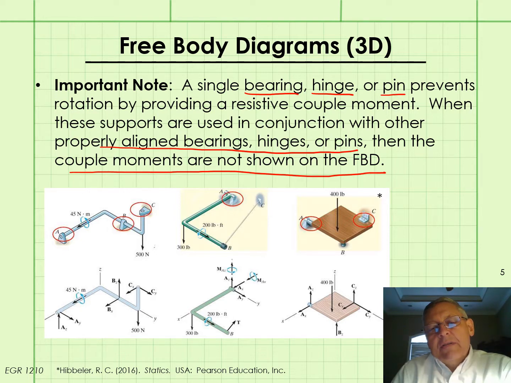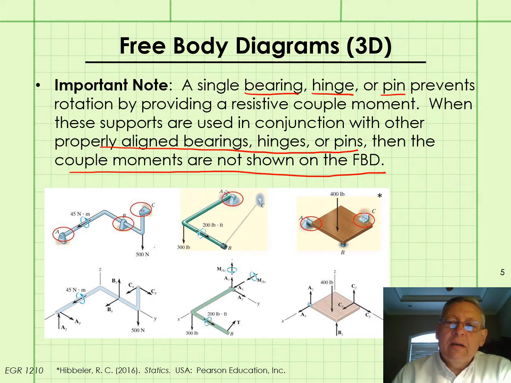So this is probably at first not going to be intuitive, but this is a common practice for drawing free body diagrams involving these types of supports, and it's going to lower the number of unknowns such that we can solve 3D rigid body equilibrium problems using the 6 equations we have.